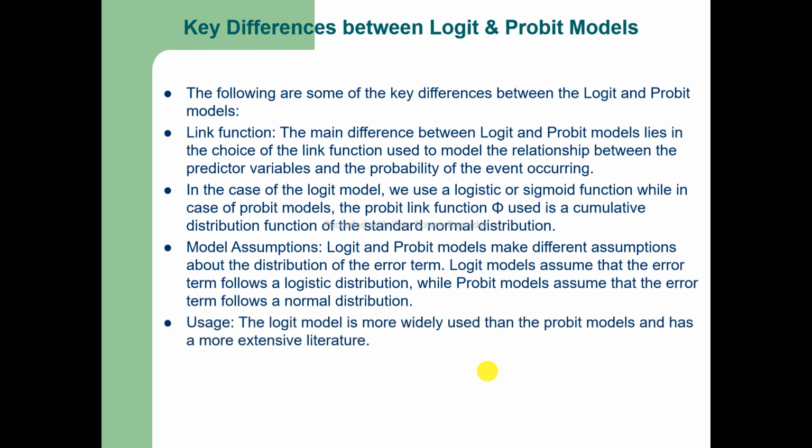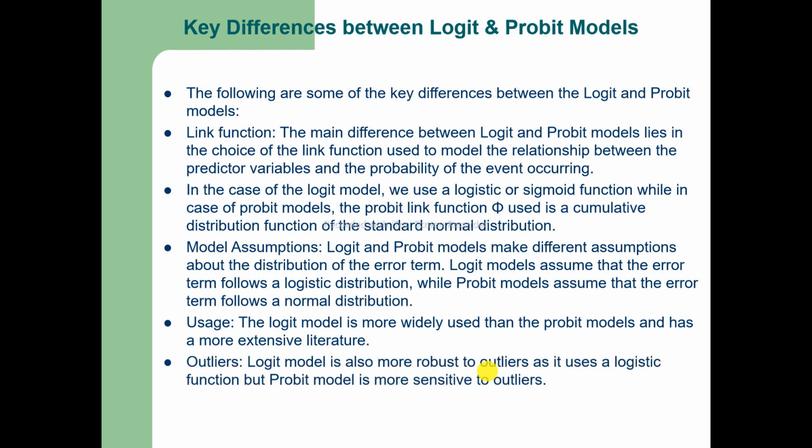Usage. The literature shows that the Logit model is more widely used by researchers than the Probit models and has more extensive literature. So this is one of the main differences, that as compared to the usage of both the models, the literature shows that the Logit model is more widely used than the Probit model by the researchers.